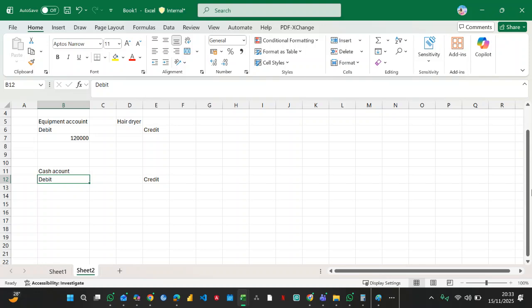Okay, I'm getting you. You said the 120 was in the credit side before the equipment was purchased, and now on the debit side.